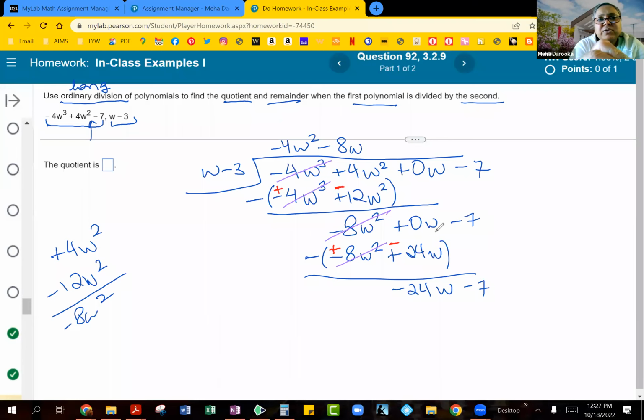That way you also don't get confused in subtracting the 7 with the 24w, because the 7 doesn't have a w on it. So go ahead and just insert that extra term of 0w in there, so you have a placeholder for the missing term. Questions?